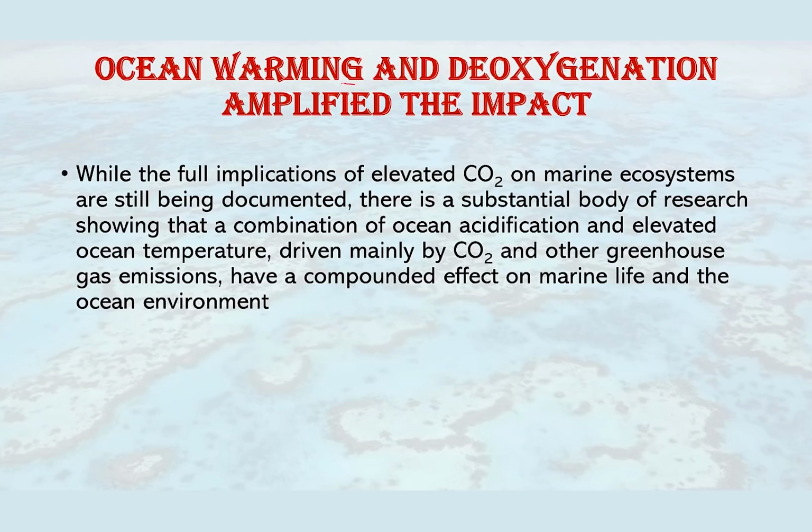Even ocean warming and deoxygenation are amplifying the effect of ocean acidification, while the full implications of elevated carbon dioxide on marine ecosystems are still being documented. There is a substantial body of research which shows that a combination of ocean acidification and elevated ocean temperature, driven mainly by carbon dioxide and other greenhouse gas emissions, has a compounded effect on marine life and the ocean environments.